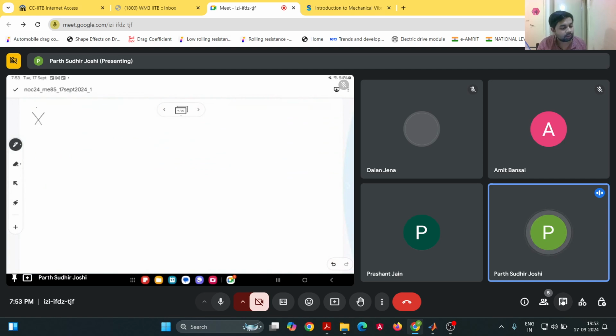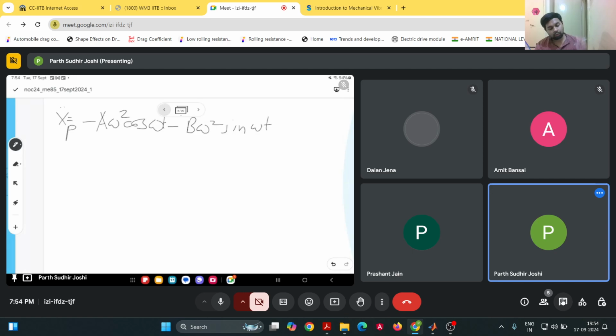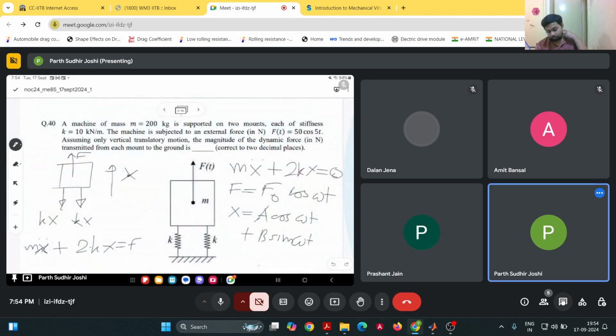So x double dot will be this, because we have assumed a sinusoidal kind of solution.